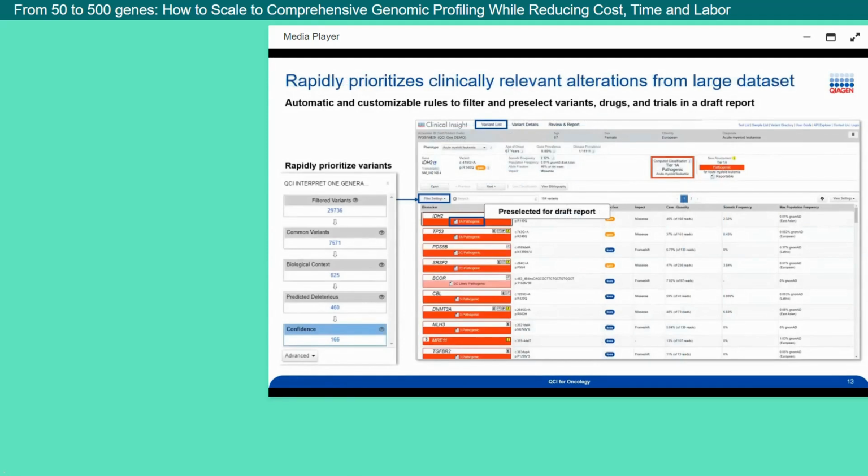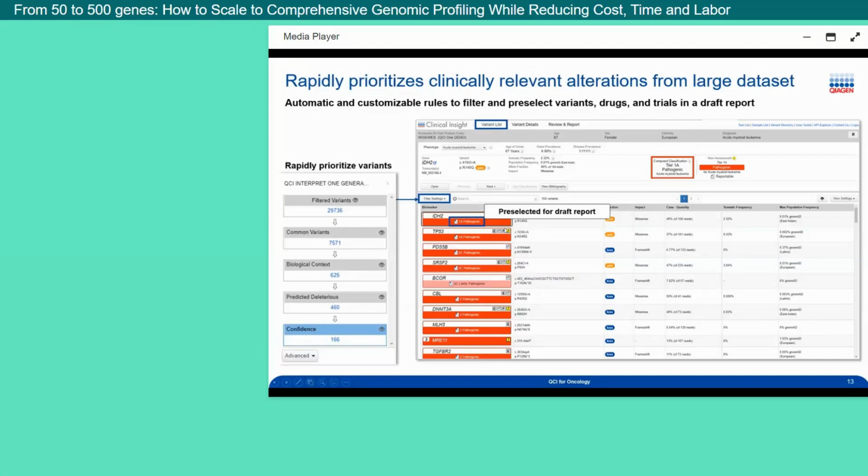So how does QCI display a patient's molecular test? This is a variant list of an NGS test of an AML sample. Each row represents an alteration detected in a tumor tissue. The different color codes, such as red and pink, display the QCI computed pathogenicity of an alteration, and the badge at the bottom center indicates the QCI computed actionability classification.